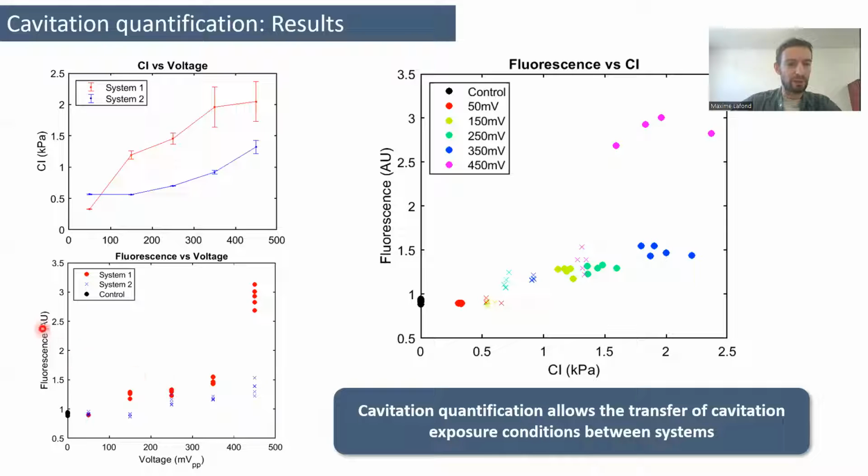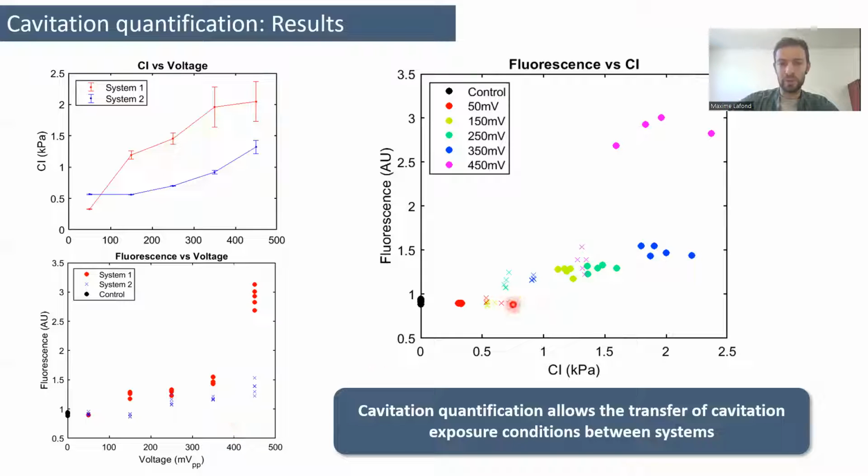If now we look at the cavitation activity by looking at the fluorescence of the reactive oxygen species solution, you can also see that the cavitation activity produced as a function of the driving voltage is different. So we cannot rely just on the driving voltage when going from one system to the other.